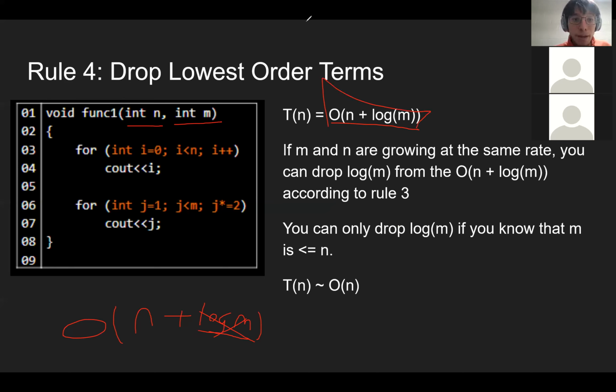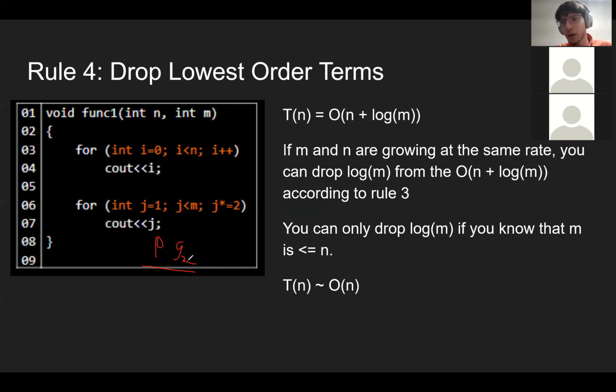Okay. And one final thing I wanted to mention is that when we talk about logs, you may have noticed we don't necessarily need to put log base 2. We don't need to put the base of the log, because with any logarithm, you can change it to any other log, like log base 2 to log base 3, or log base 5, whatever.